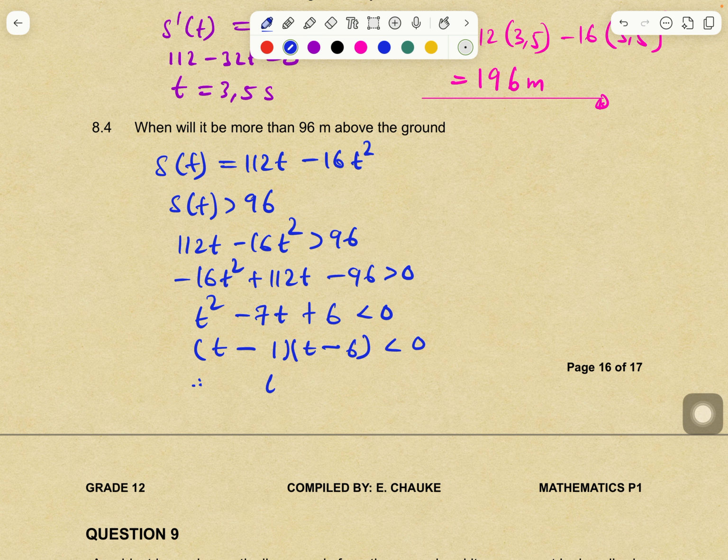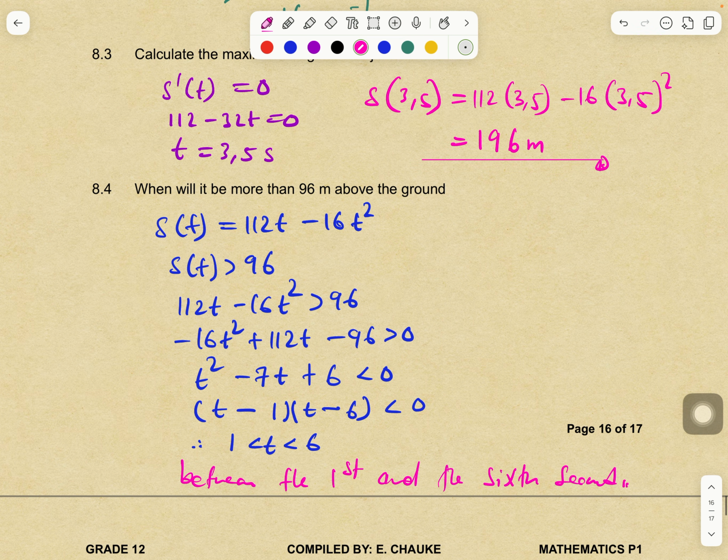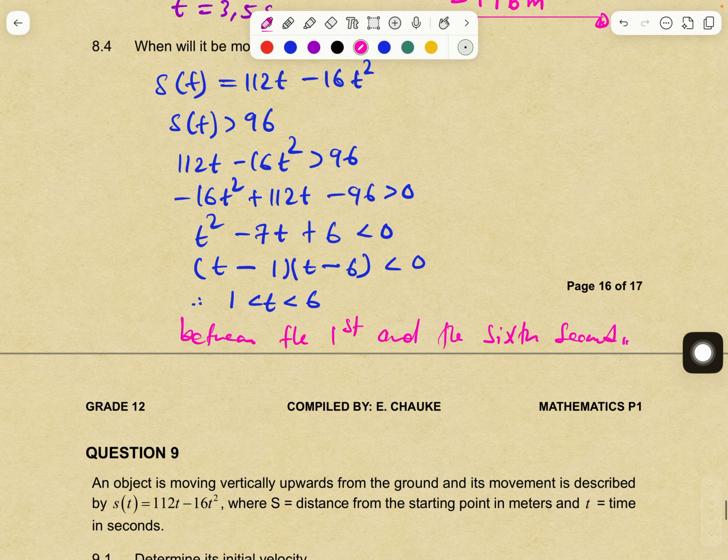So therefore, you get t is between 1 and 6. They say when will it be more than, so in words, the height is more than 96 between the first and the 6th second. That's how you will do this particular question.